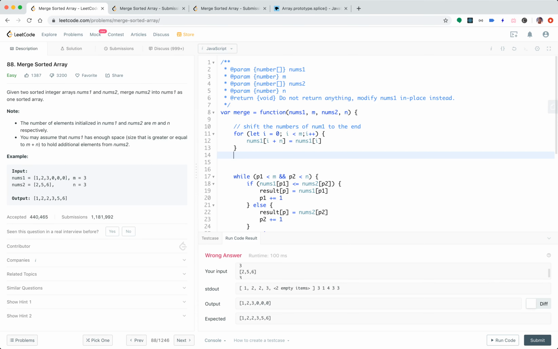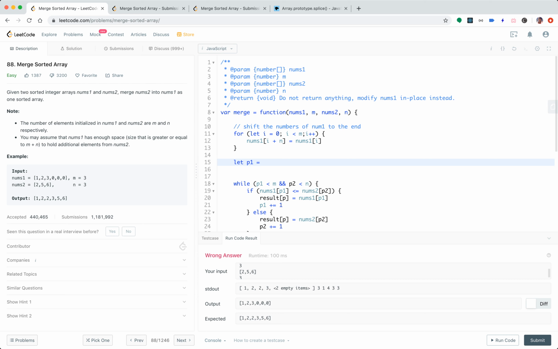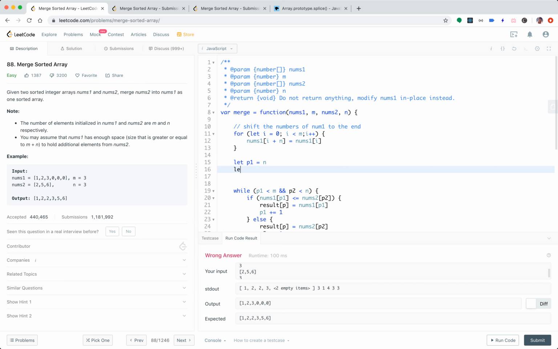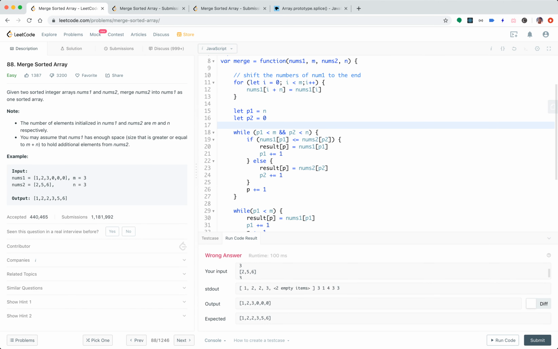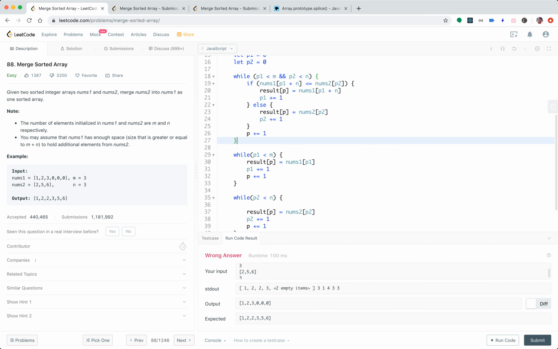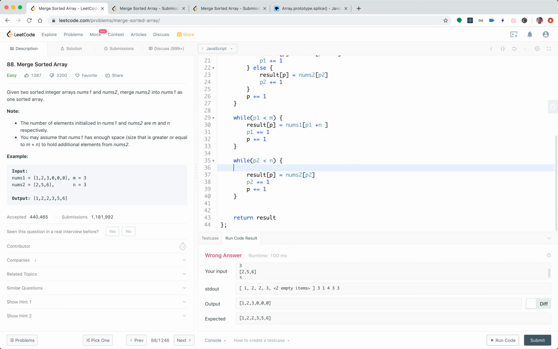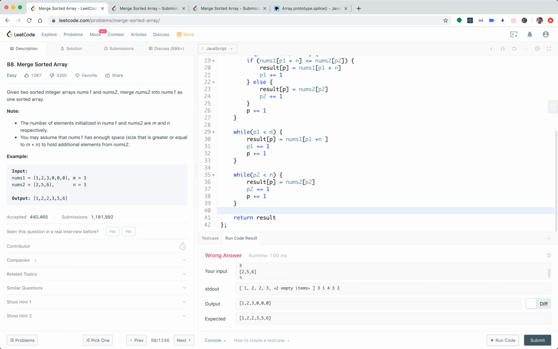So let p1 equals n, let p2 equals 0. While p1 is smaller than m and while p2 is smaller than n, nums1 p1, but here is the problem, p1 plus n. Result p equals p1 plus n, plus 1. So we return nums1.